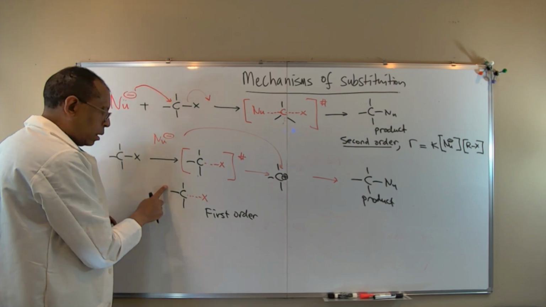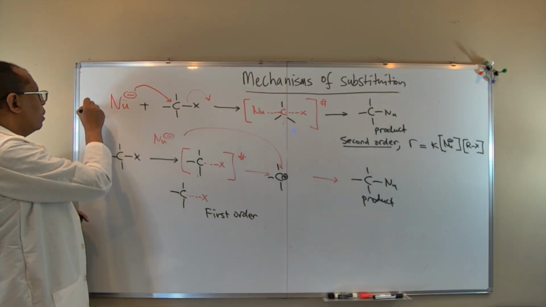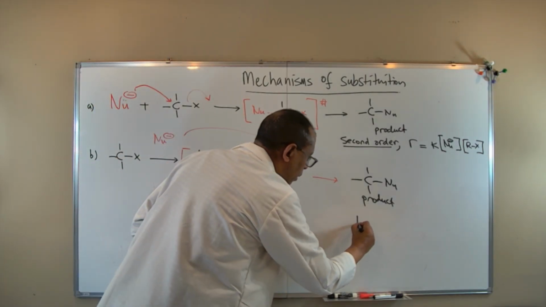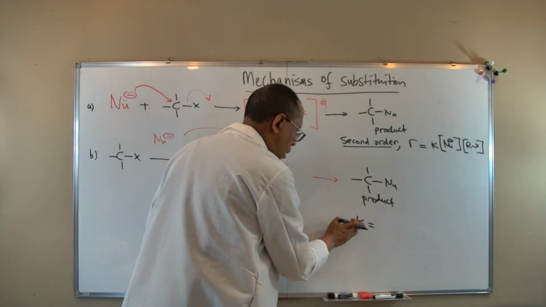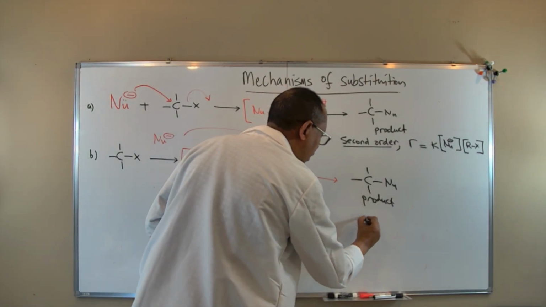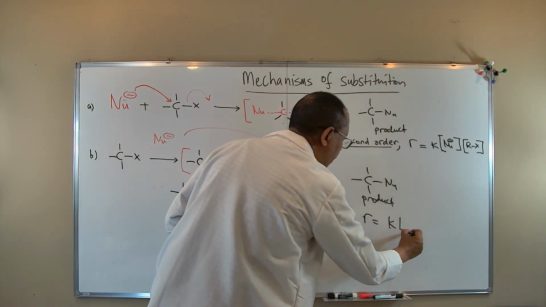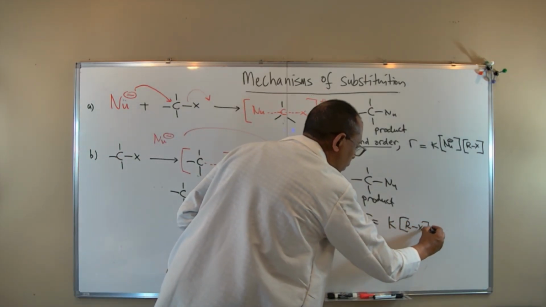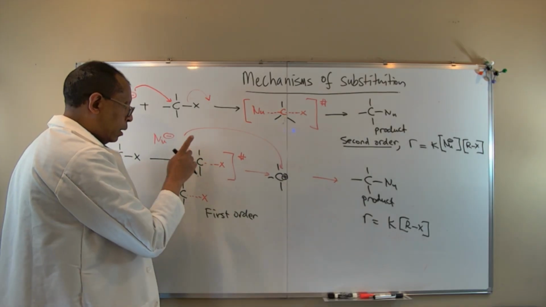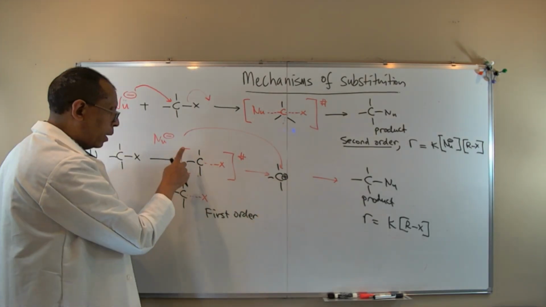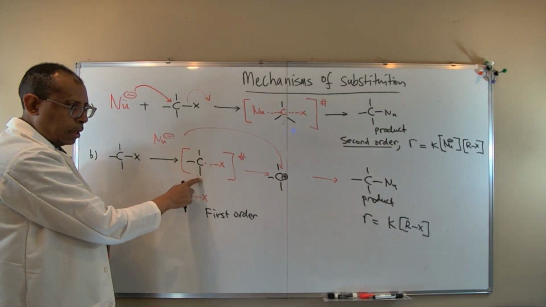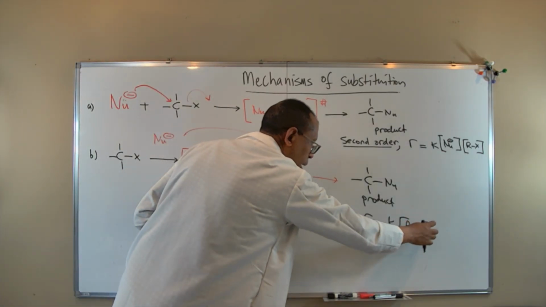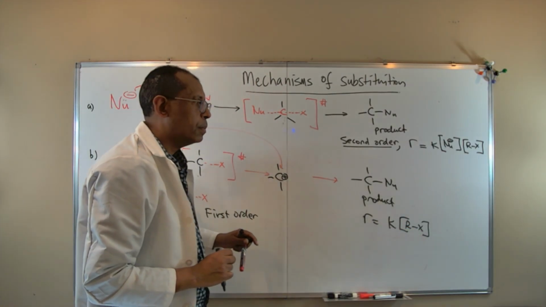In case 2, I'll just put A and B, it's first order, and the rate is k times the concentration of just the alkyl halide. That's why the rate of this reaction is determined only by the concentration of the alkyl halide. Therefore, it is a first order reaction, depending only on the alkyl halide.